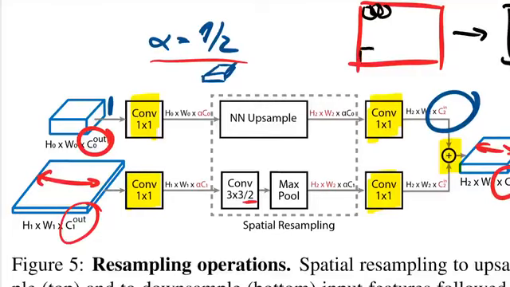But you can also do a bigger stride, and I'm a bit overdrawing this here, such that the final resolution is smaller. And you can also do max pooling right here. So max pooling is also a way to reduce the resolution of the image. So if we're bigger, we can do that.